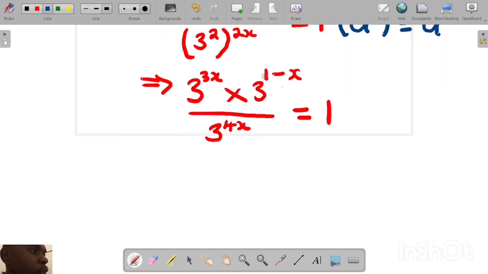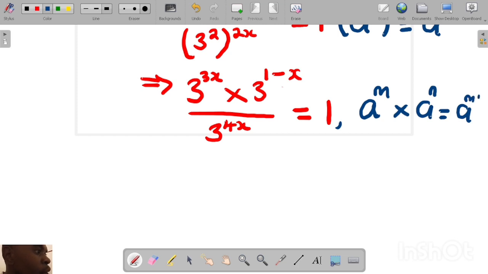Again, at this stage, by the laws of indices, if you have the base a raised to the power m being multiplied by the same base a raised to the power n, then you have the same base a raised to the power m plus n. If the bases are the same and are multiplying, then the powers add.